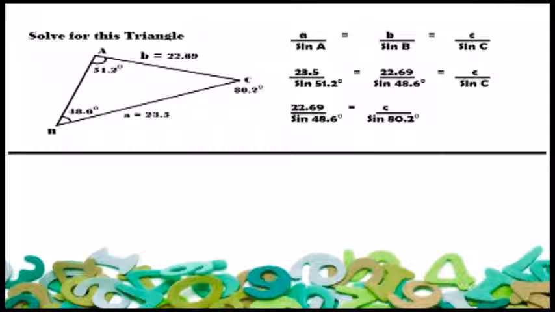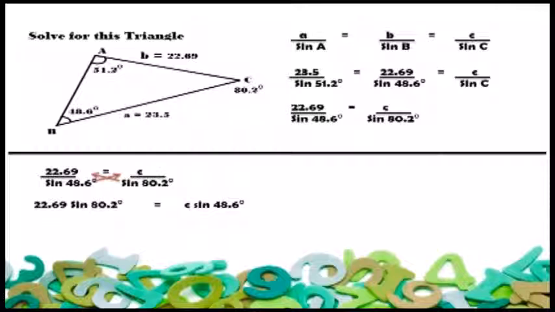Now, let us solve it. Again, simply cross multiply. We get 22.69 sine 80.2 is equal to c sine 48.6. After that, divide both sides by sine 48.6 to get the value of side c.